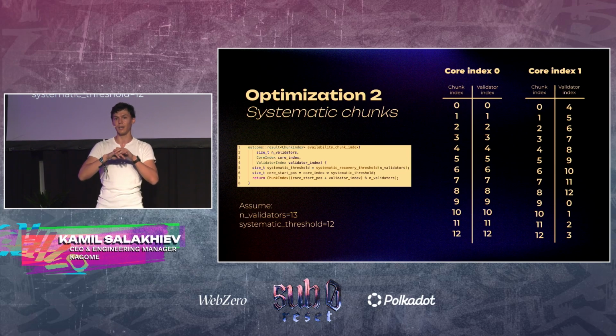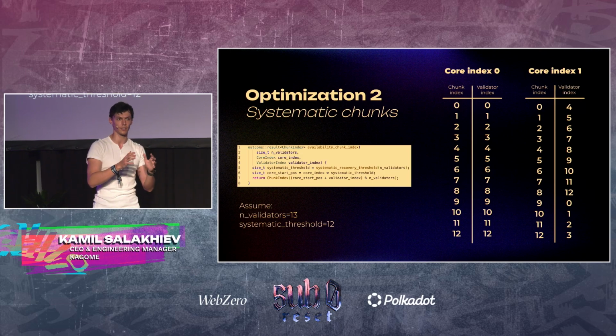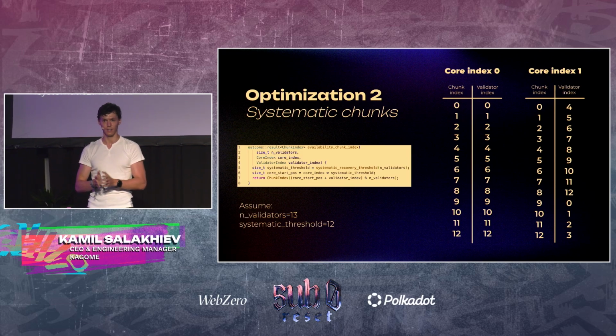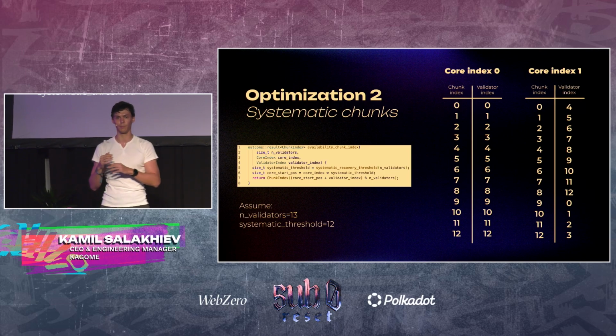And it really allows us to distribute the load in the system, the traffic that we have, among all validators, not only constantly asking for chunks from the first n validators. And that's actually it. Long story short, data availability in Polkadot went through multiple optimizations over the past few years.